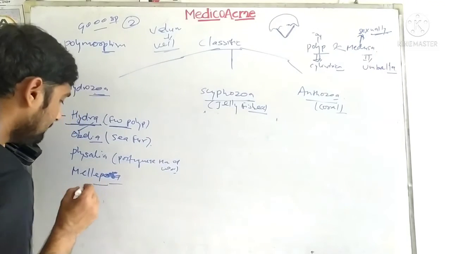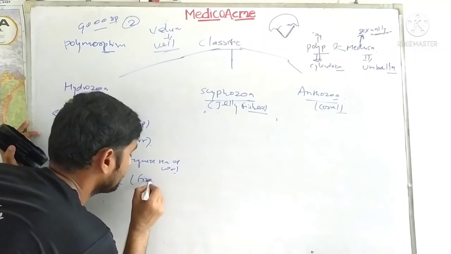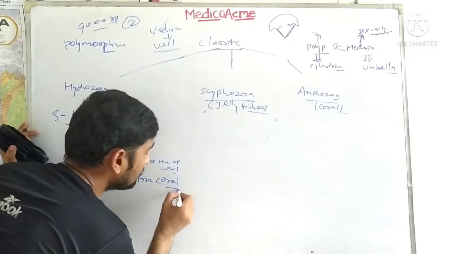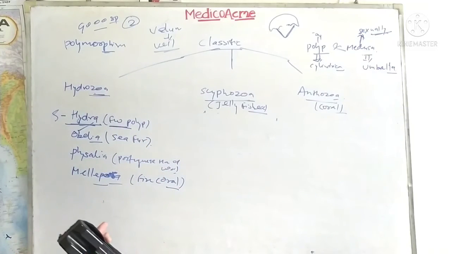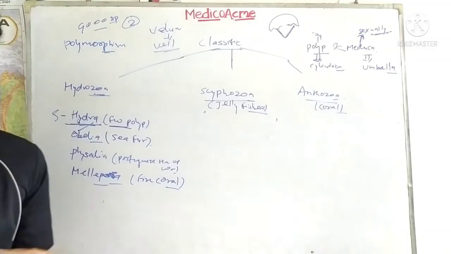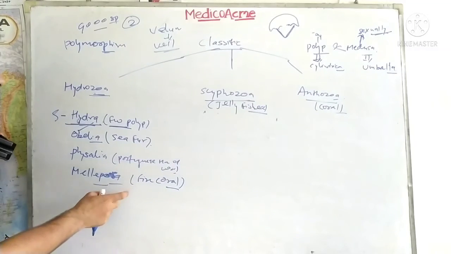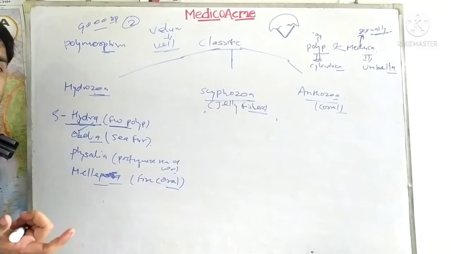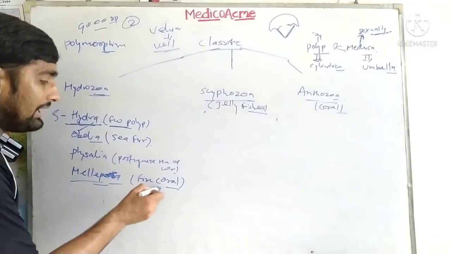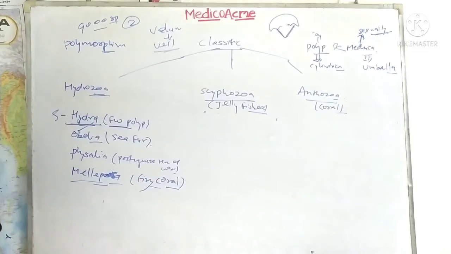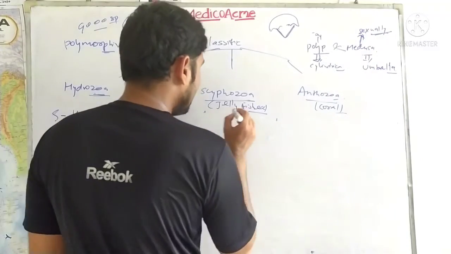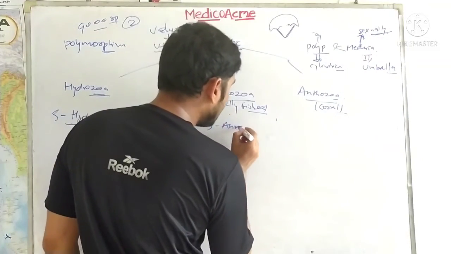So Millipora is actually the fire coral. This is the only coral found in the cnidarians which is not going to form the coral reef. So this is very important when you are asked about the coral reef. So the Millipora or fire coral is not going to form the coral reef.